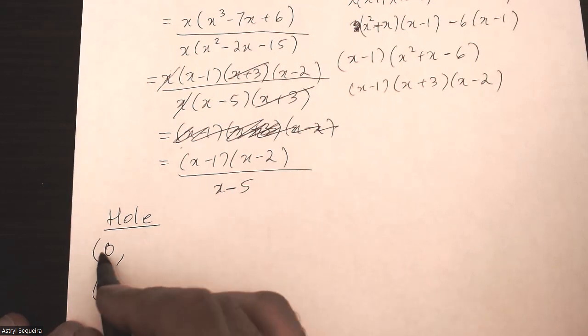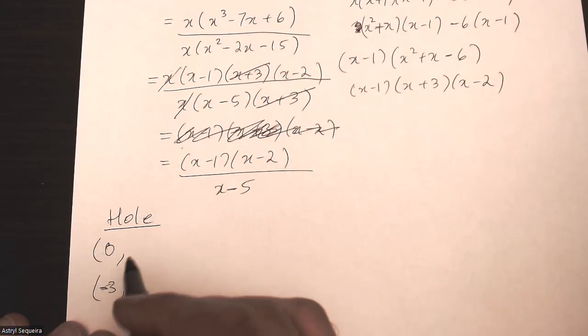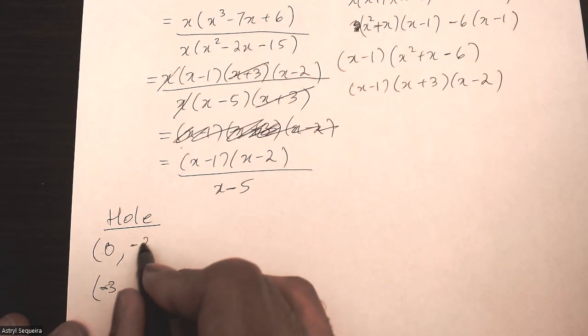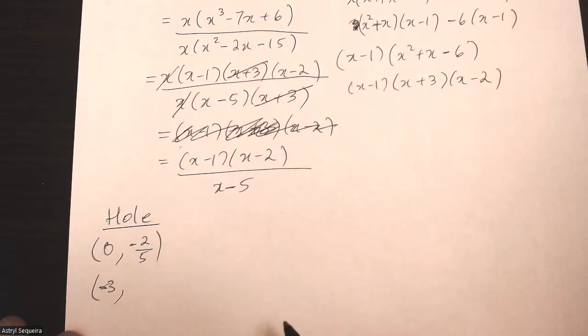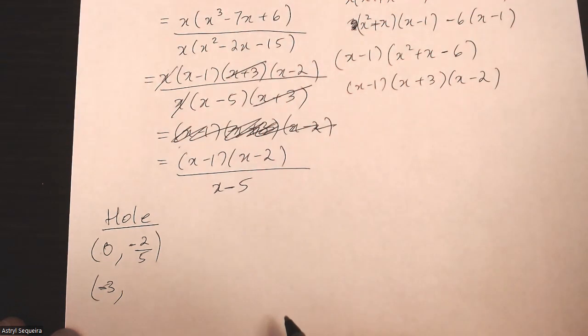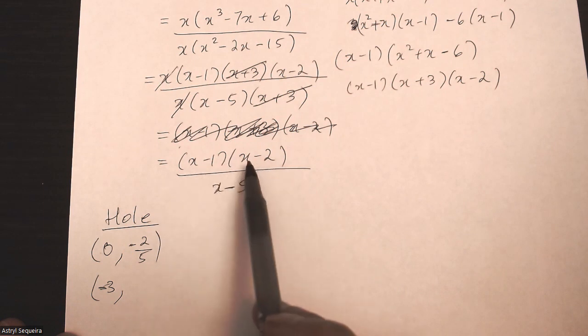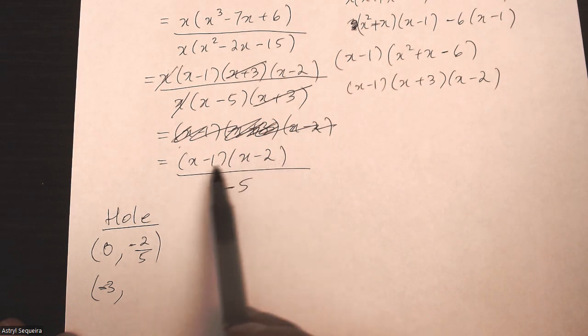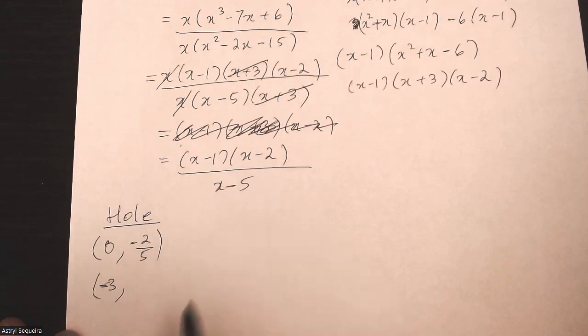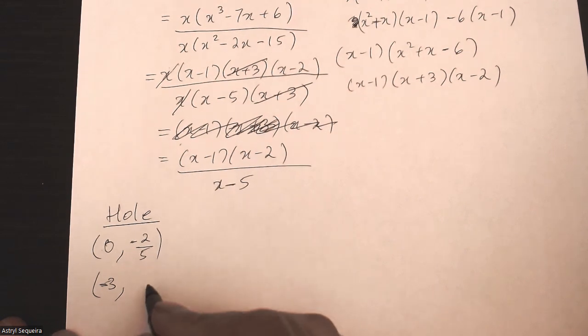So for 0, if I sub in 0 in the simplified equation, I'll get negative 2 over 5. And if I sub in negative 3 into the equation, I will get negative 5 over 2.